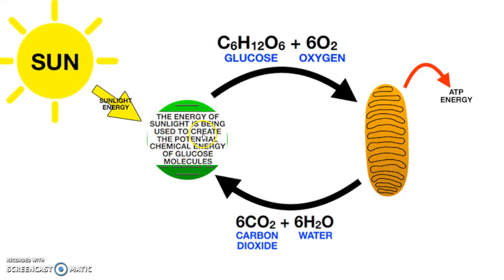The energy of sunlight is being used to create the potential chemical energy of glucose molecules in the chloroplast. And in the mitochondrion, the chemical energy of glucose is being converted into ATP energy.